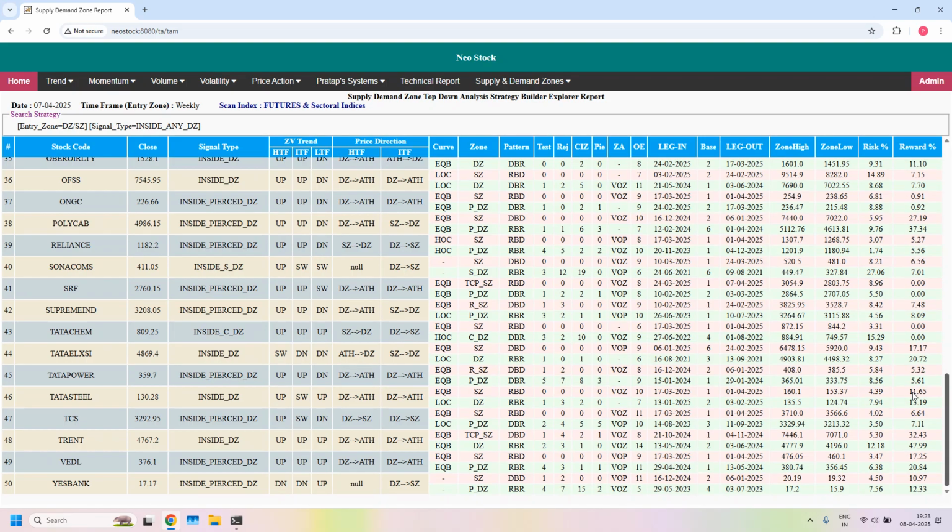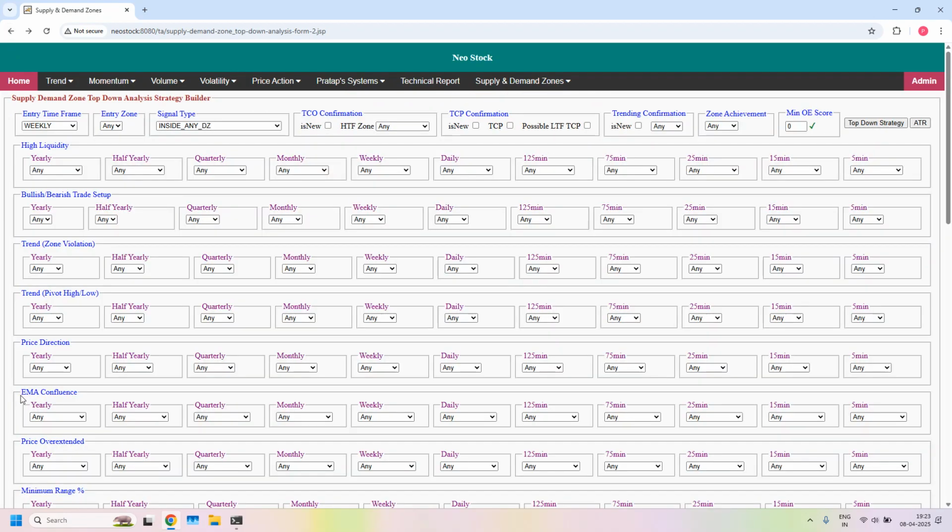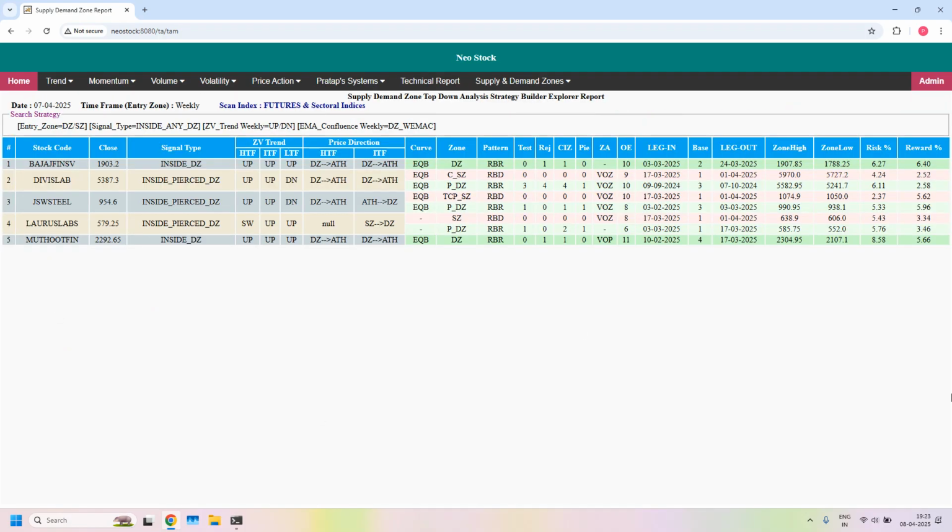We can further filter based on the EMA confluence. At weekly time frame, weekly demand zone having weekly EMA confluence. Trend on the weekly should not be sideways. It can be up or down. We got 5 stocks.